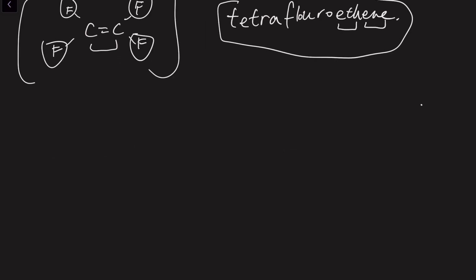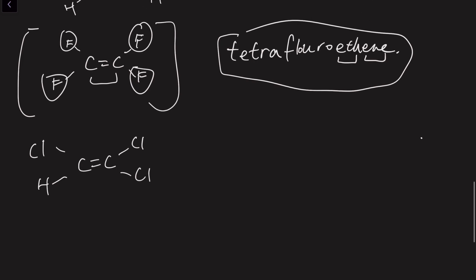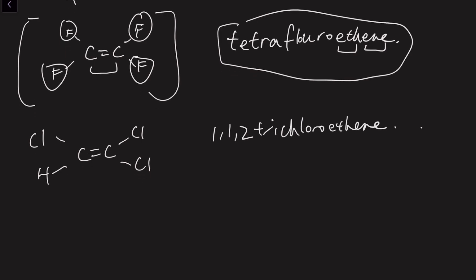So let's have a look at this molecule. How do we name this? Well, you might be tempted to write this as 1,1,2-trichloroethene. But this is incorrect, because when you have 3 chlorine atoms, it can only be arranged in this way.